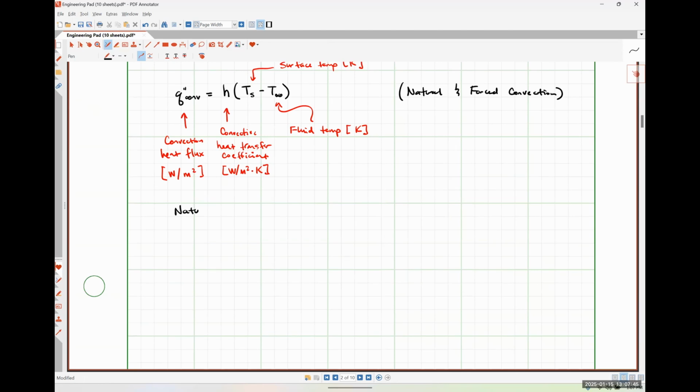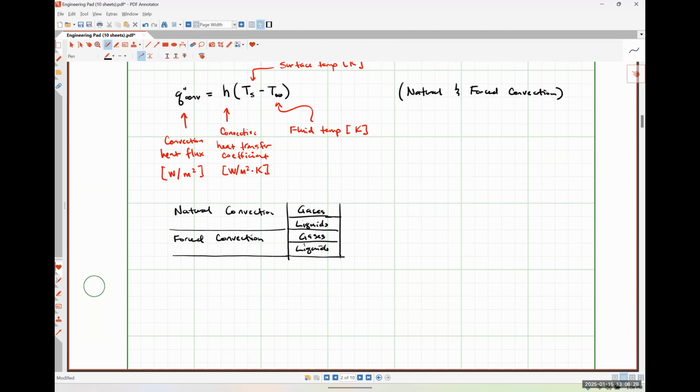So natural convection, forced convection, here I'm going to do gases, then liquids, once again, gases, then liquids.